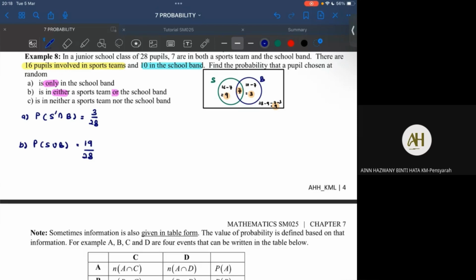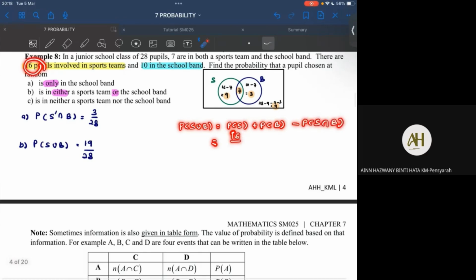Okay, ini sebab kita dah ada diagram. So let's say kalau kita tak ada Venn diagram, apa yang kita akan buat ialah kita akan guna formula PS union B is equals to PS plus PB minus PS intersect B. Okay. PS ialah berapa orang dalam sports team. Okay, berapa orang dalam sports team ialah 16. So we have 16 over 28.